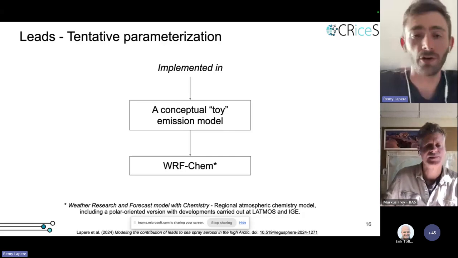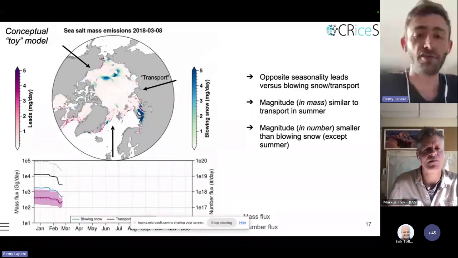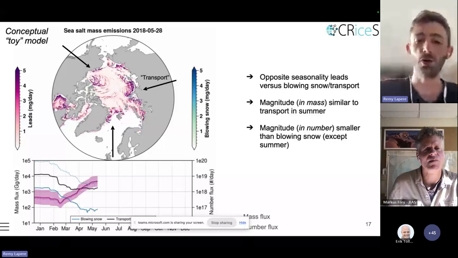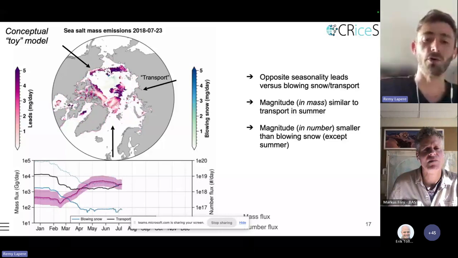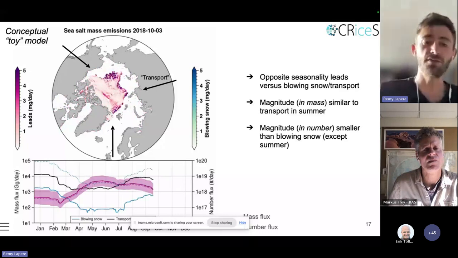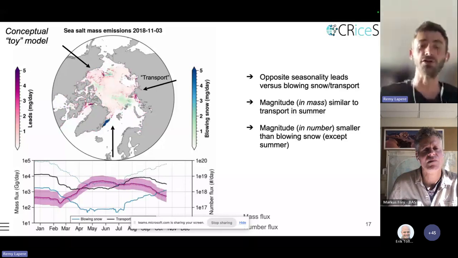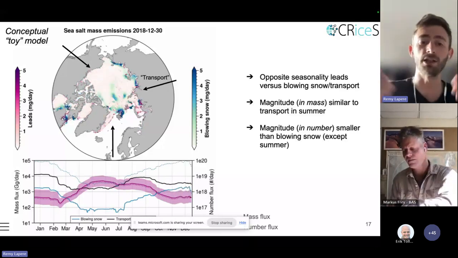There's a lot going on here. Everything that's purple-ish has to do with leads. Everything that's blue-ish has to do with blowing snow, a similar formula to what Markus showed, but somewhat more simplistic, let's say. And everything that's black has to do with transport of sea salt.